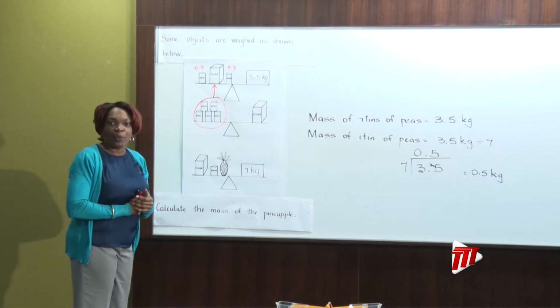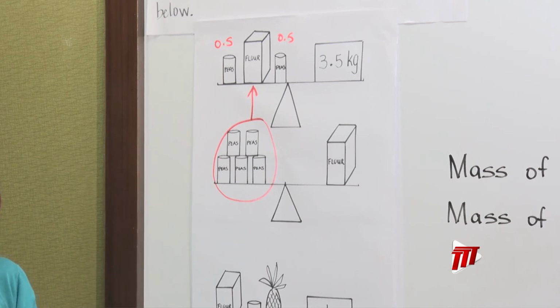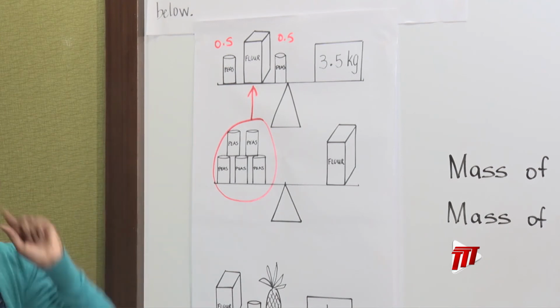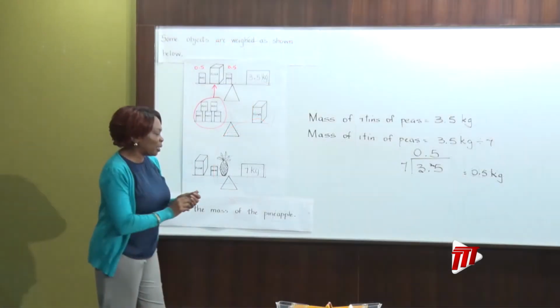Let's try it. Remember we said 5/10 add 5/10 will give us 1. So in order to get the mass of the sack of flour, we can say 3 5/10 take away 1. Are you seeing it, children? Wonderful.